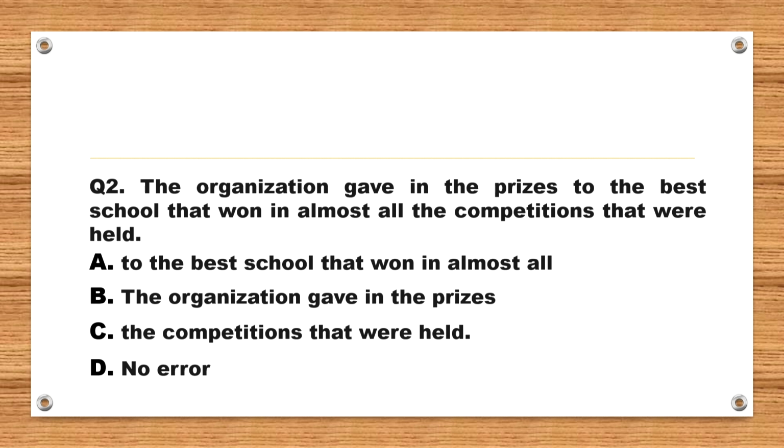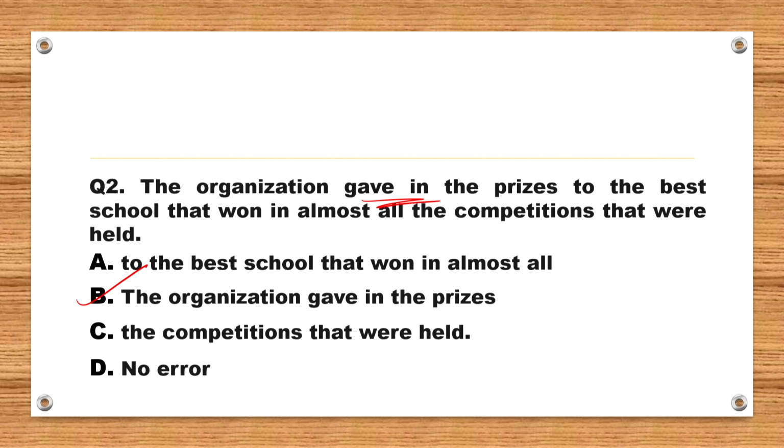Now, let's discuss. The organization gave in the prizes to the best school that won in almost all the competitions that were held. So, the error lies in option B. The phrasal verb given means to surrender or to yield. So, clearly it does not fit in the given sentence.